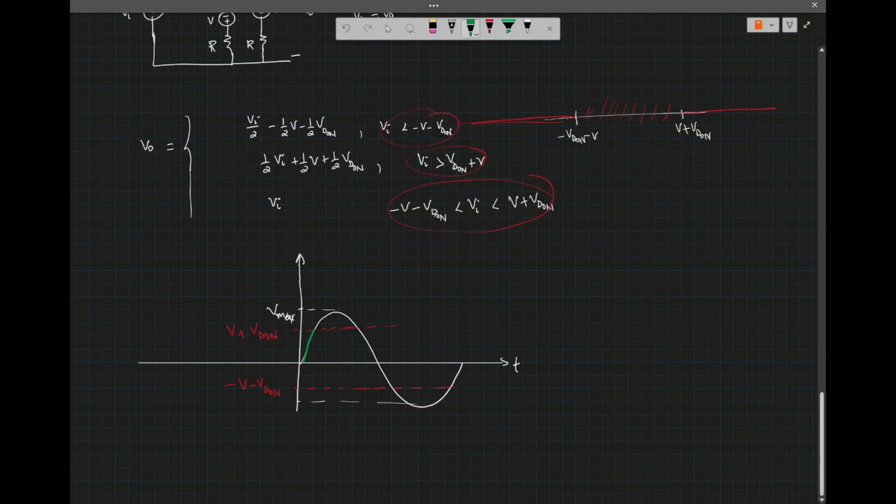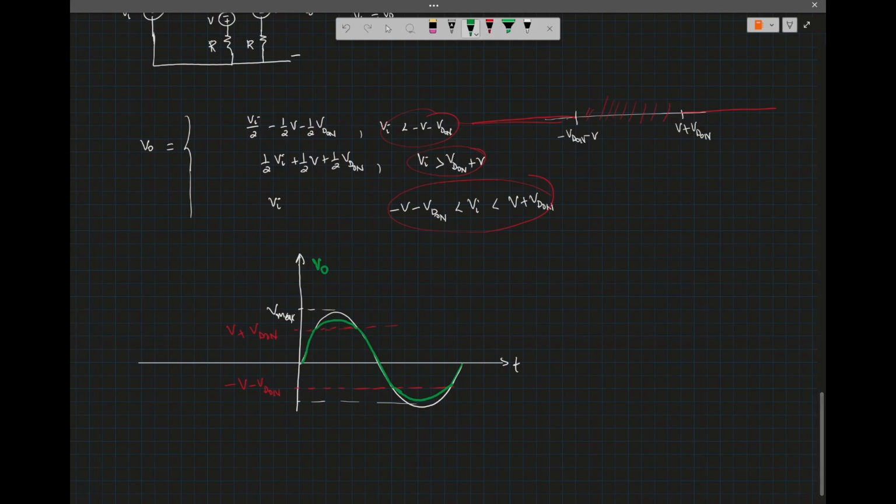But when it's bigger than VD on, it's going to look like this, and it'll look like that. So that will be V out.